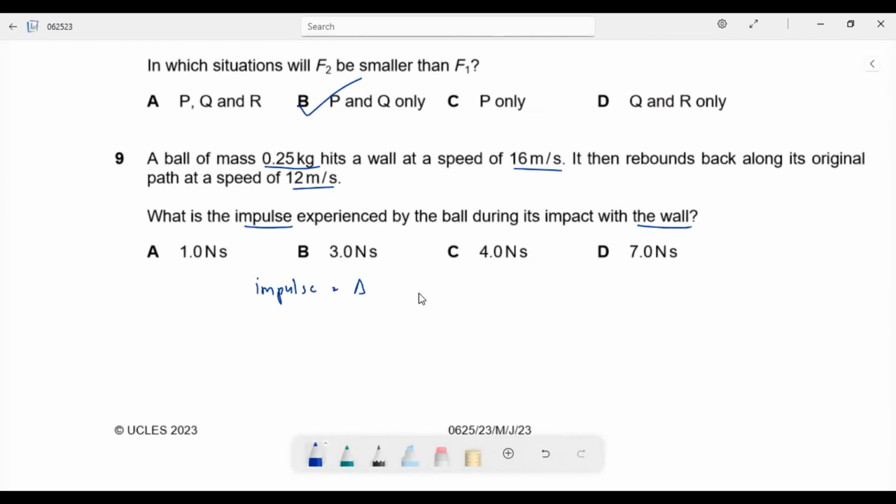Impulse is equal to delta P, change in momentum, that can be written as m into v minus u. So here v is the final velocity, u is the initial speed, m is the mass.